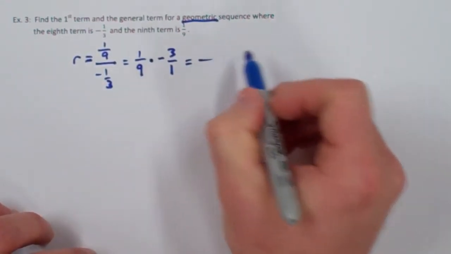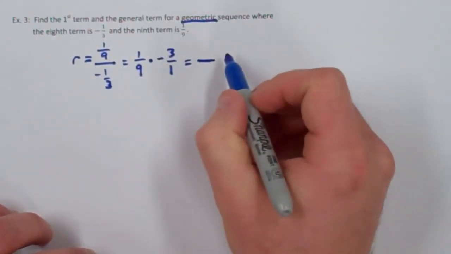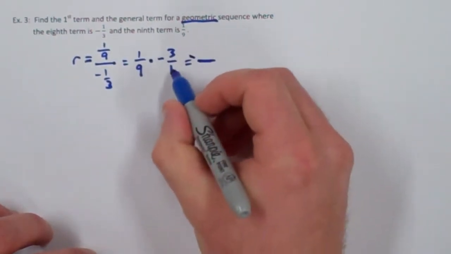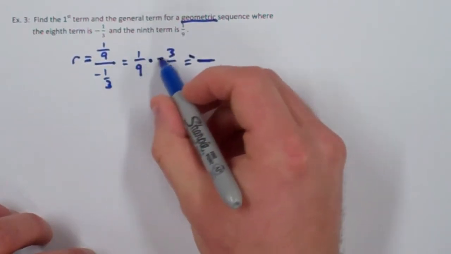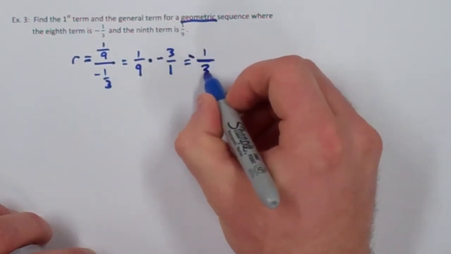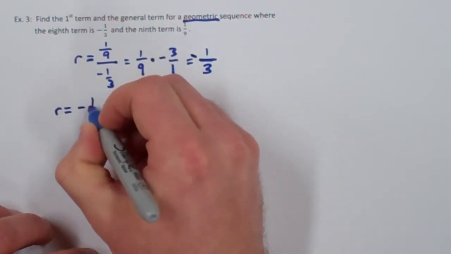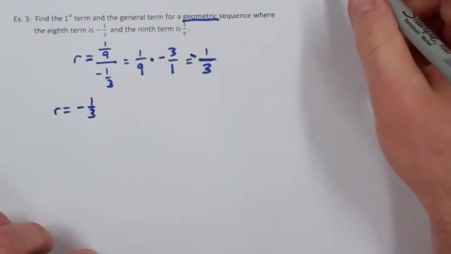This will definitely be negative, and then we've got 3/9, which is 1/3, so it's negative 1/3. So we've got r at negative 1/3.